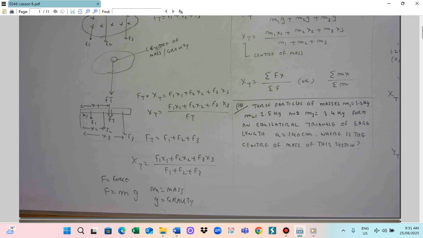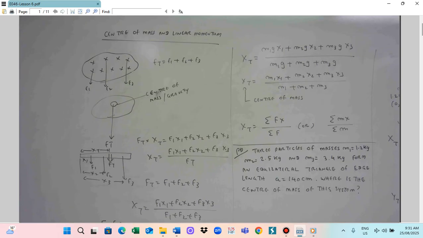So F is a force. F is equal to mass multiplied by g, where m is the mass and g is gravity.